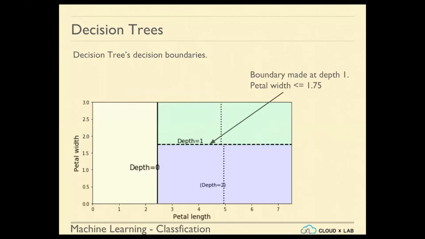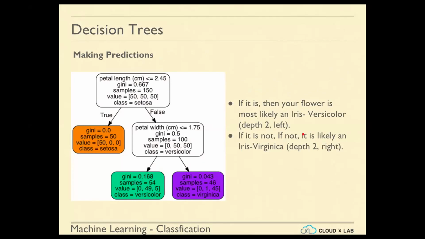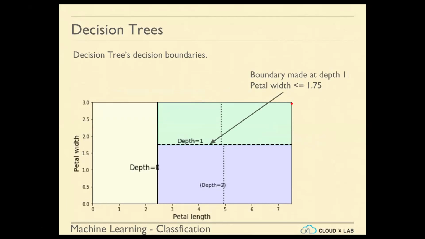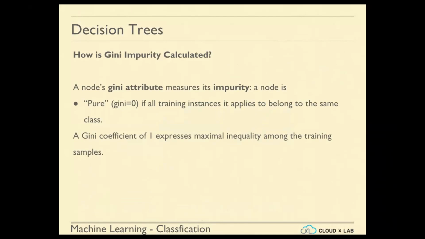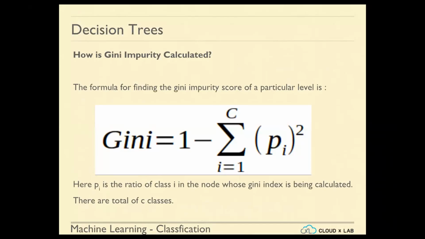So the Gini coefficient would go max up to 1. It can't go beyond that. Now this is a clear formula for how to compute it, and the formula is basically 1 minus the sum of ratios of each.